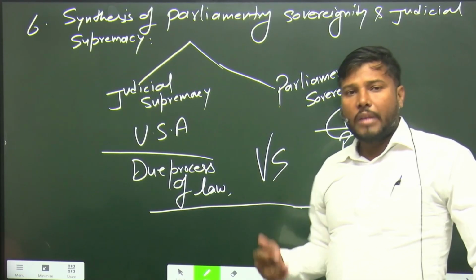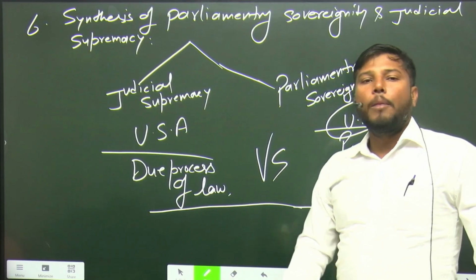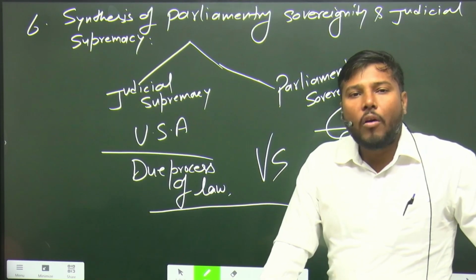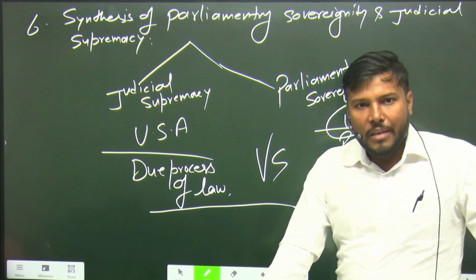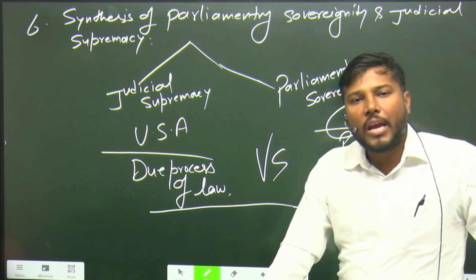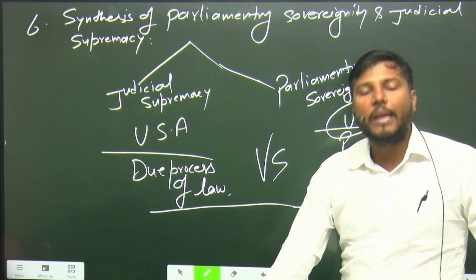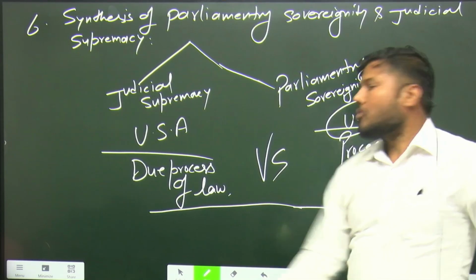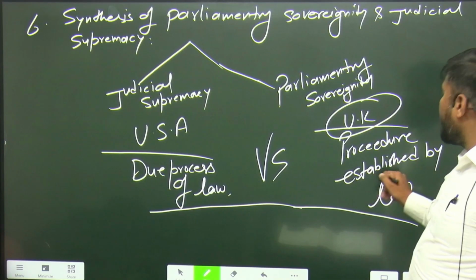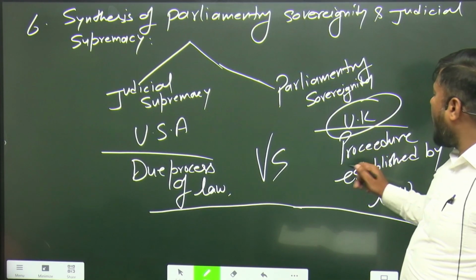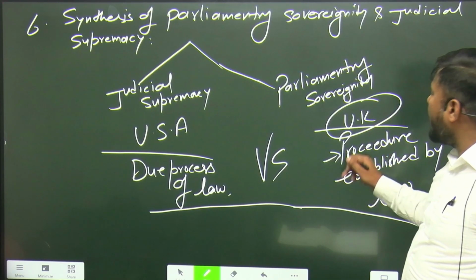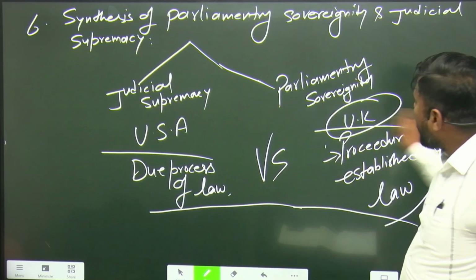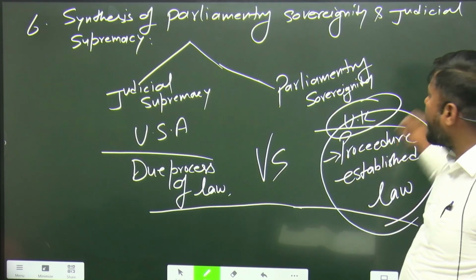As long as the laid down procedures are followed, parliament is free to enact any law, and that law shall not lose its validity. That shall be valid, that shall be a kind of sacrosanct, that shall be continuing, that shall become the law of the land, right? So this concept is called the procedure established by law. As long as the procedure laid down to make the law is followed, the law shall be continuing, the law shall not lose its validity, right?